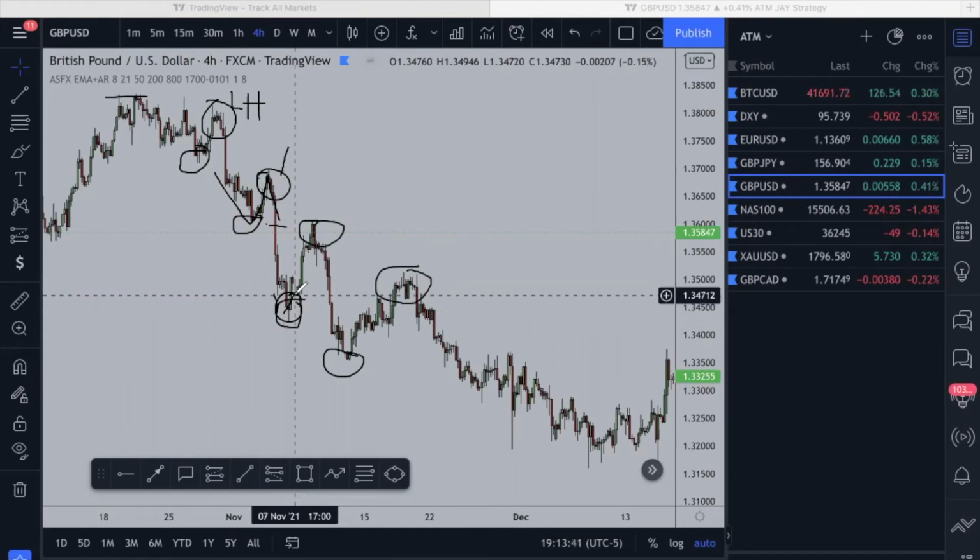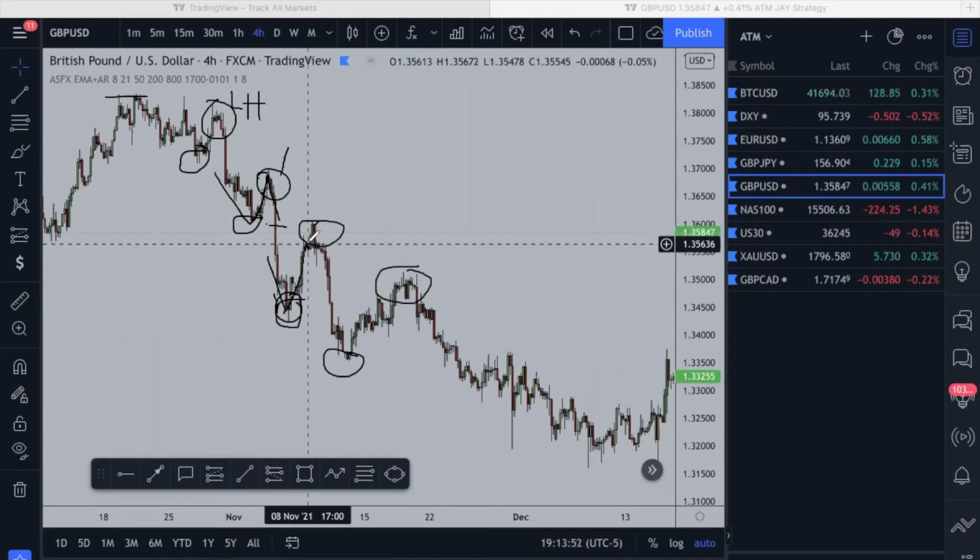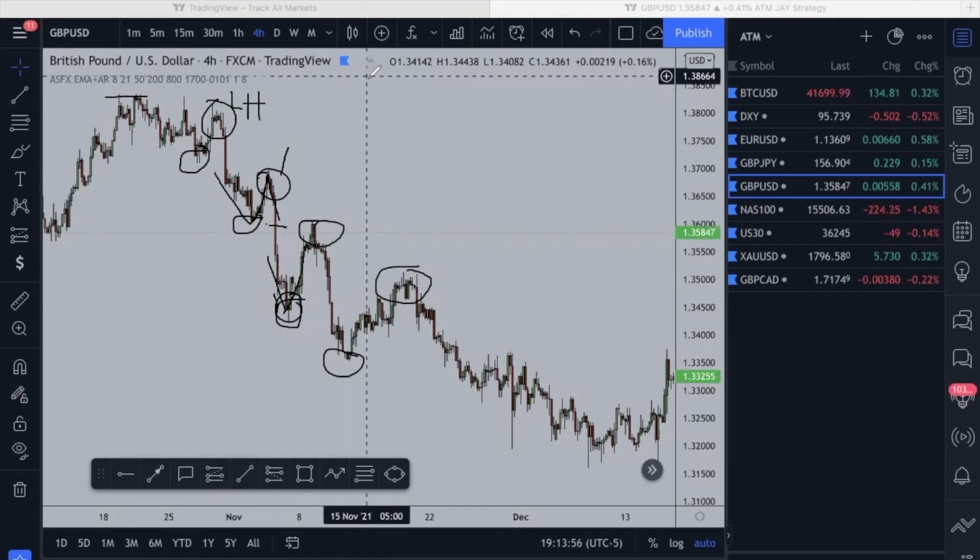And since you know the trend, you know that the market needs to make another lower high. Once you see that the market stopped here and started pulling up, you should start to think, okay, since we're on a downtrend, I know a downtrend makes lower highs and lower lows.